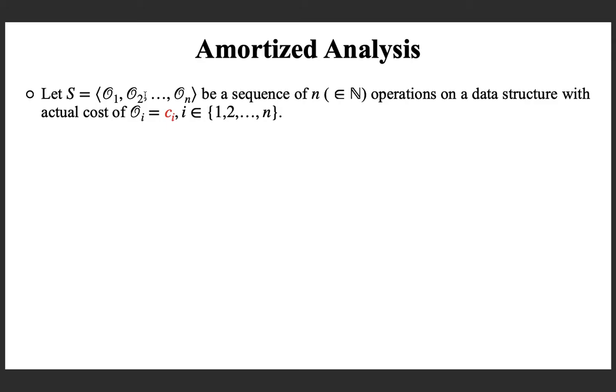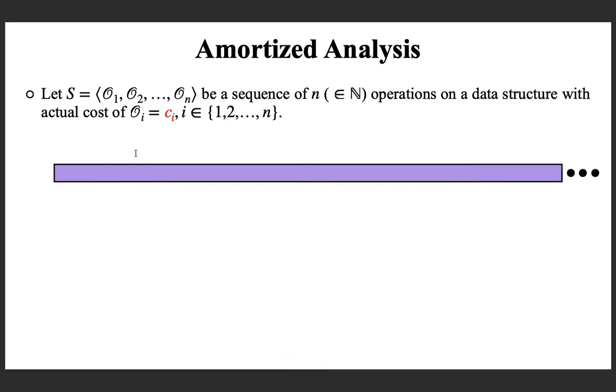For example, it can be push, pop, a sequence of n times. The first operation can be push, the second can again be push, like that. In that case, C1 and C2 will be the same cost, and in general, assume that for the ith operation, Ci is the actual cost of performing the operation for all i from 1 to n.